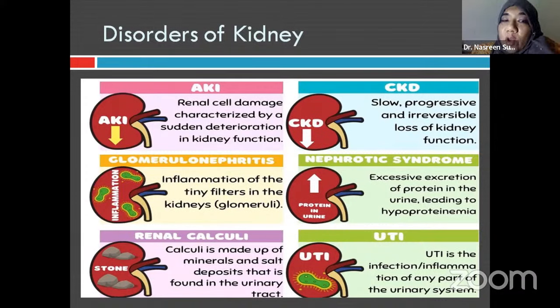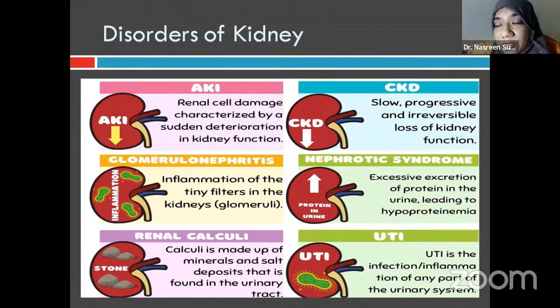Then you are having glomerulonephritis. What did I say? Itis means inflammation. So inflammation of the glomeruli will be called as glomerulonephritis. Okay. Renal calculi. Calculi means stone formation in the kidneys. Okay, you know, usually you call it as kidney stones, or you can call it as urolithiasis.